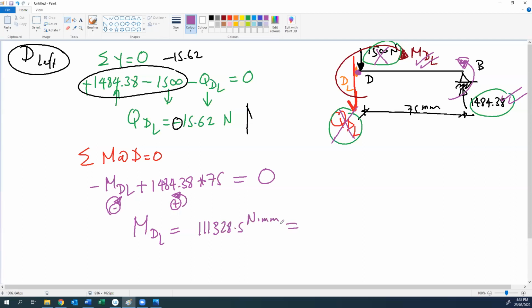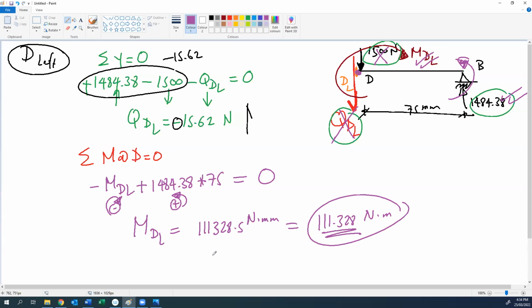And to make it a little bit smaller, we will make it 111.328 Newton meter. I just divide by 1000 to make the number small.